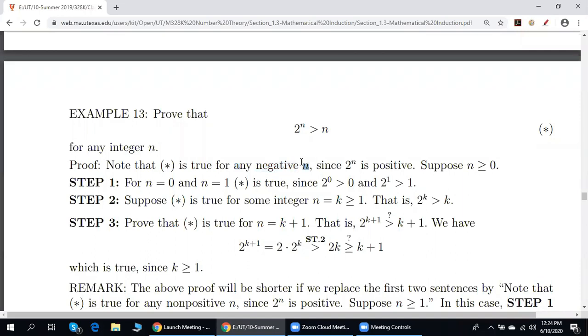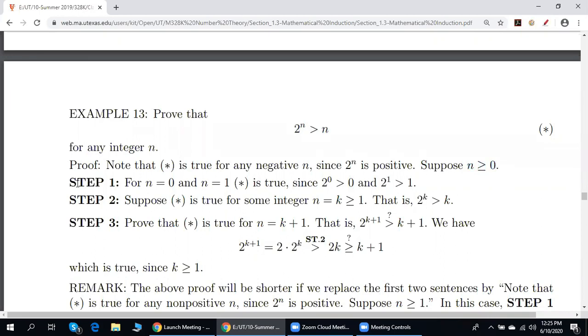We do not have to use induction anymore to prove that this is true for any negative n. Now, suppose n is non-negative. Suppose n is greater or equal to 0. We will use induction in order to prove that this is true for n greater or equal to 0.